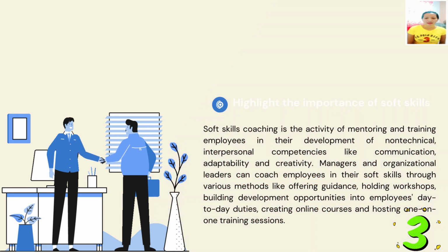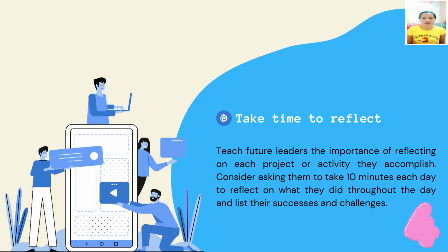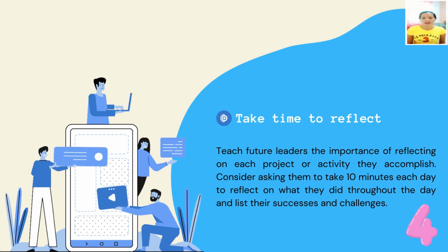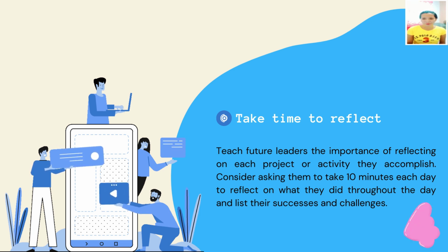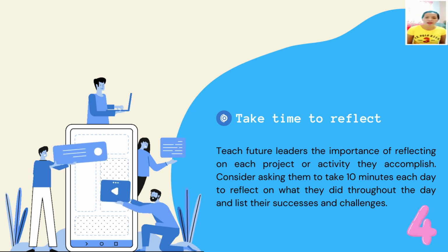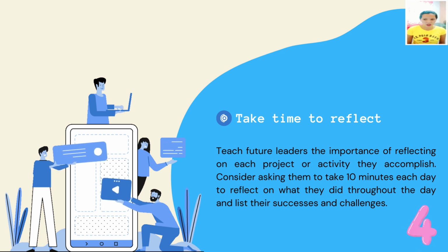Fourth, take time to reflect. Teach your potential leaders that it is important to take time to reflect on each project or task they accomplish. Consider asking them to take 10 minutes each day to reflect on what they did throughout the day and list their successes and challenges.